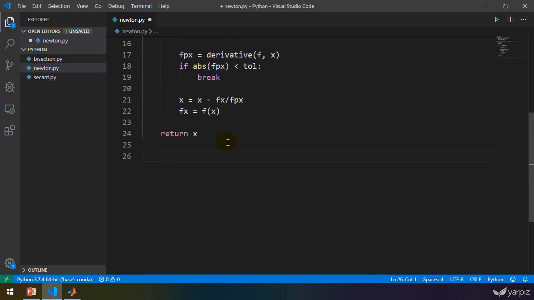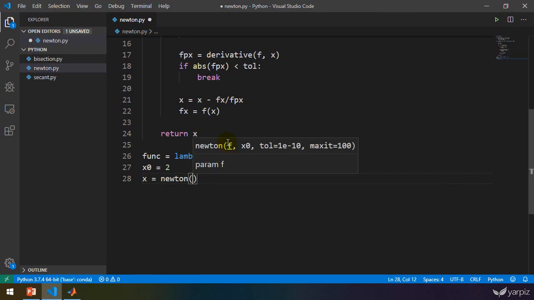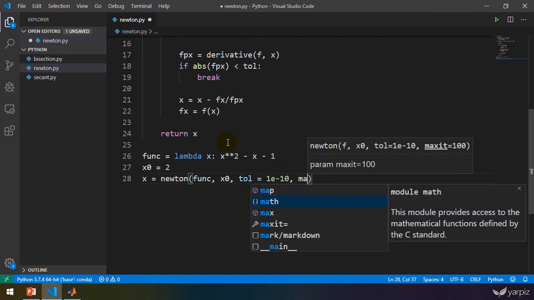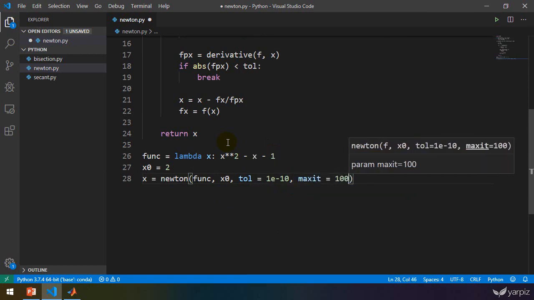Now we can define a function which is a lambda function of x squared minus x minus 1. I'm going to start from, for example, 2 as the starting point, and I'm going to find the solution of this equation using the Newton method, calling func, starting from x0, with tolerance equal to 1e negative 10, and max it equal to 100.